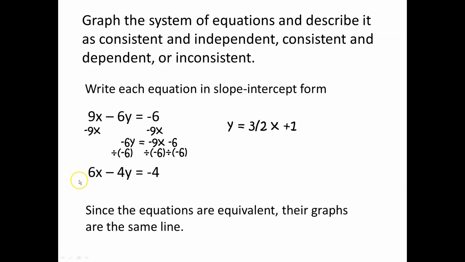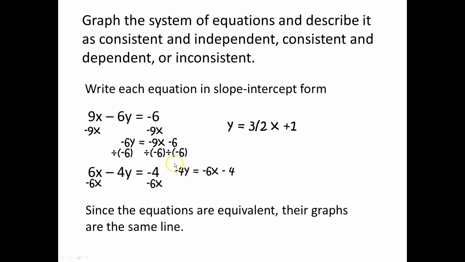Now let's do the next one. Here's our y. So we want to go farther away from the y to this 6x and get rid of it. It's a positive 6x. So we subtract 6x on both sides. That leaves us with negative 4y equals negative 6x minus 4. We need that 4y to go away.